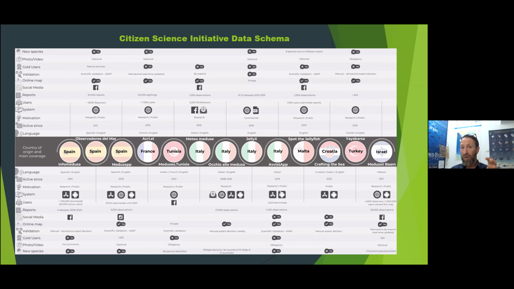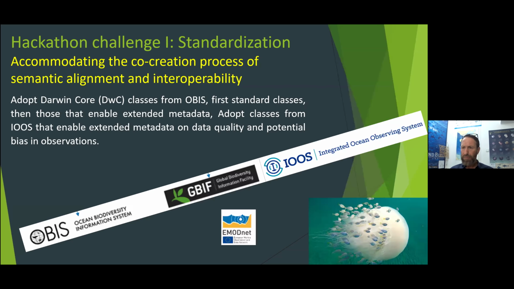Our main way of dealing with data quality is through training and setting gold user status to trained users. So we have people that we know we can trust, and then use them to verify and validate other data. Maybe double weight their data in the standardization process.